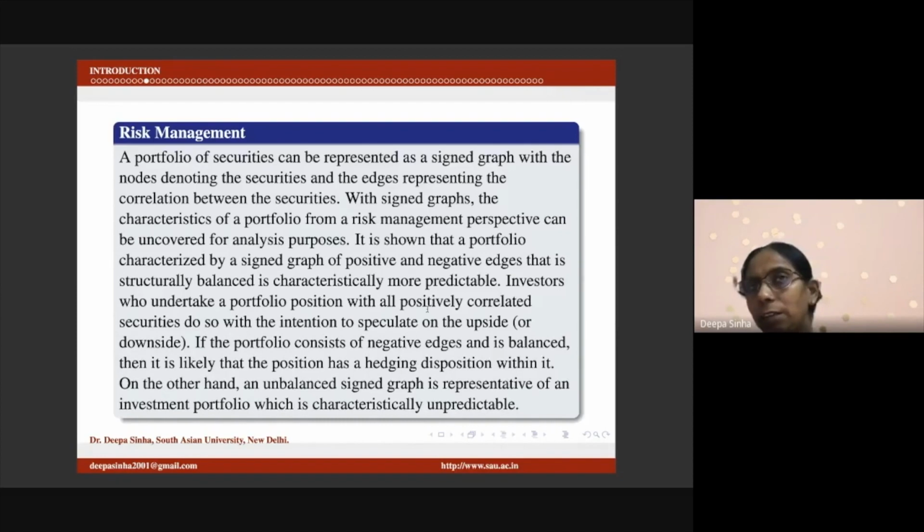It is predicted that if the sign graph obtained in such a manner is balanced, then in the long run you will know how your shares are moving.